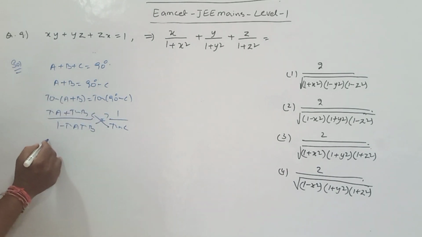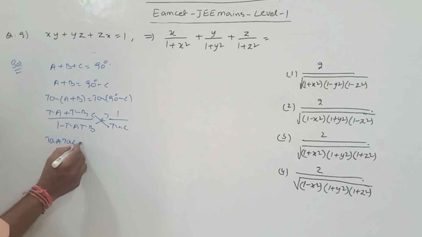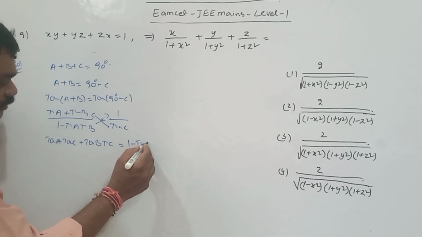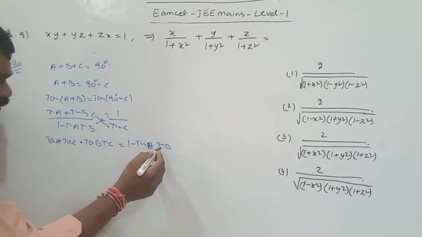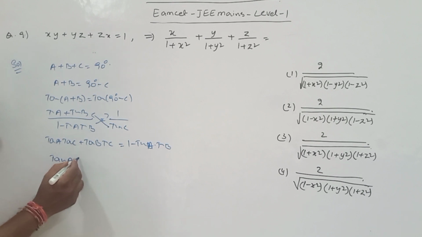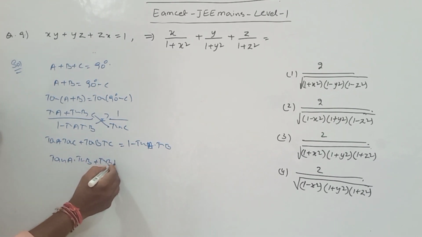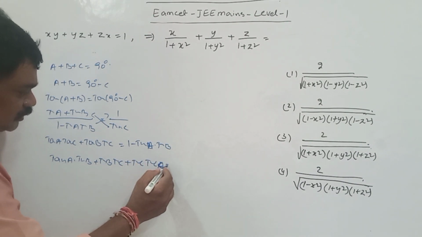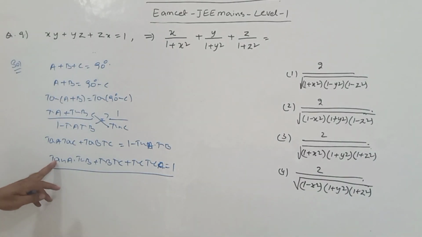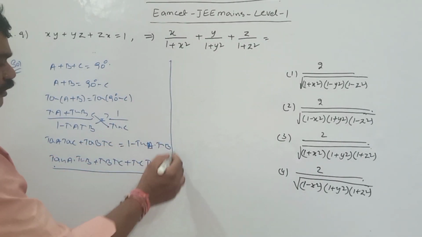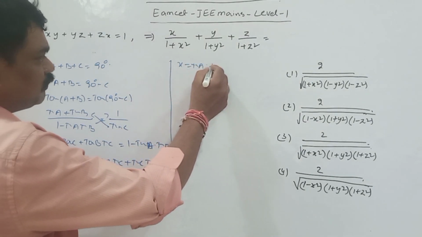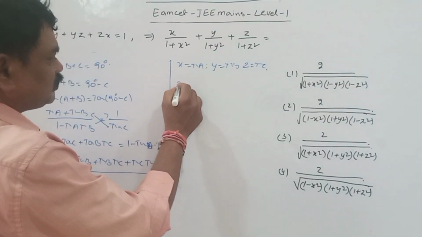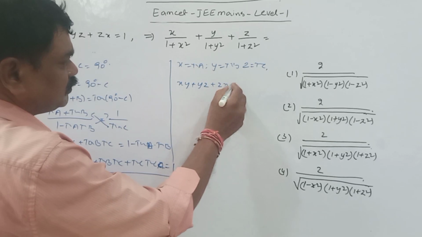By cross multiplication, you can write tan a tan c plus tan b tan c is equal to 1 minus tan a into tan b. You take it to this side. This is tan a tan b plus tan b tan c plus tan c tan a is equal to 1. Okay, all of you. If x is equal to tan a, y is equal to tan b, z is equal to tan c, then xy plus yz plus zx is equal to 1.